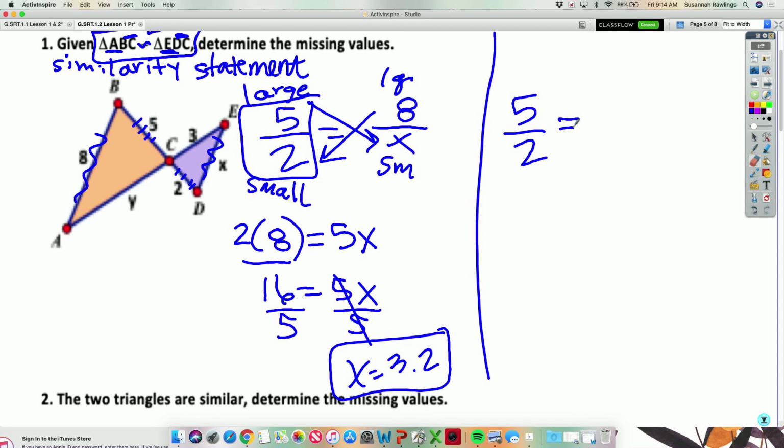Which means I have y and 3 left. And I like to just draw or code mine, basically do a different type of line so I can see my corresponding sides. So which one is going to go on top, y or 3? Y. So we have large over small. So let's go ahead and cross multiply there.